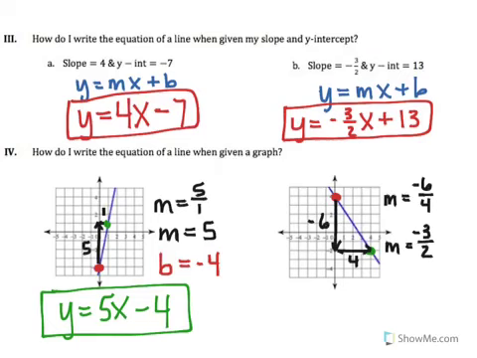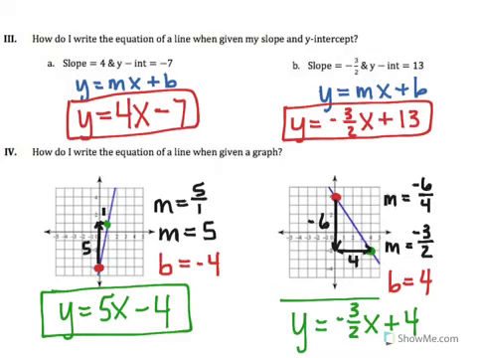And my y-intercept here is at +4. So now I can put everything together. y is equal to -3 over 2x plus 4. That is the equation of that graph.